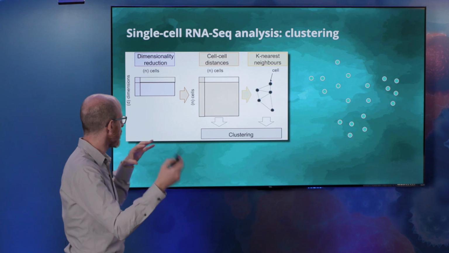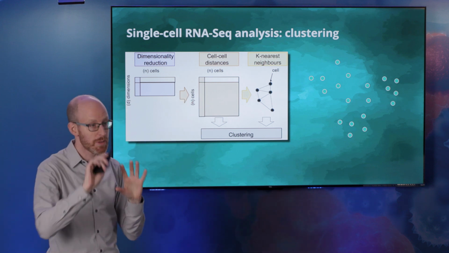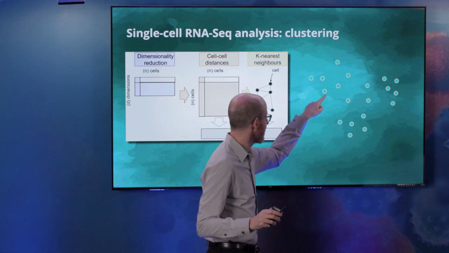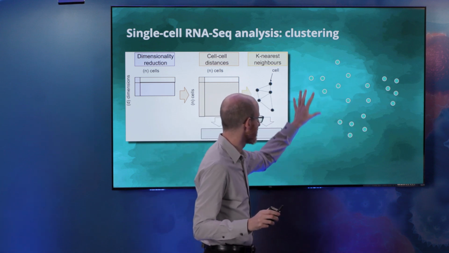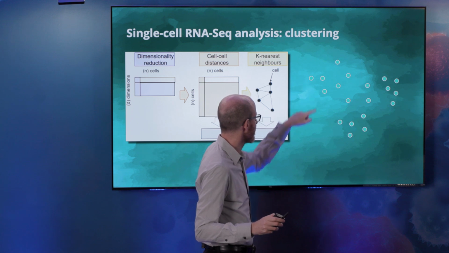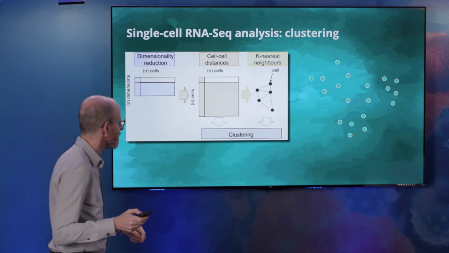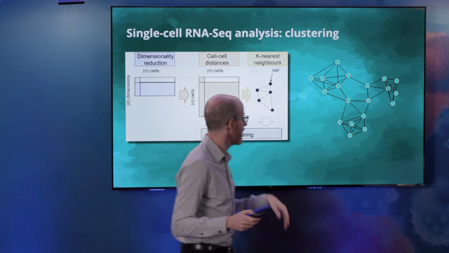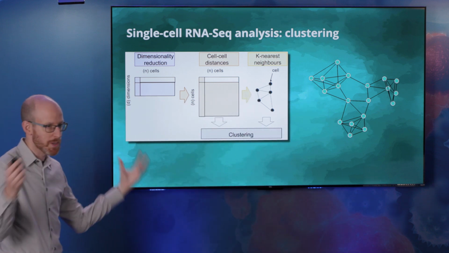And then we're going to use that distance matrix to build a k-nearest neighbors graph. So here are the individual cells in sort of this lower dimensional space that we've moved into. And we're going to ask for every cell, who are my k-nearest neighbors? And we're going to build that graph. So for instance, this cell, the nearest neighbors are here, here, and here. And we do that for every single cell, and we build that graph.